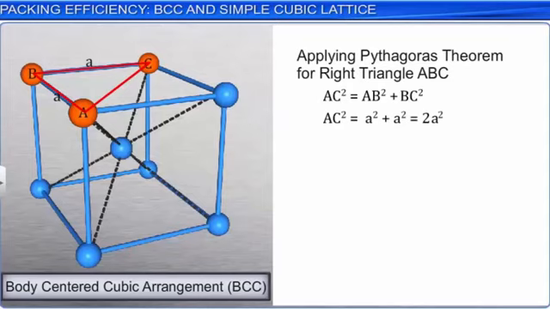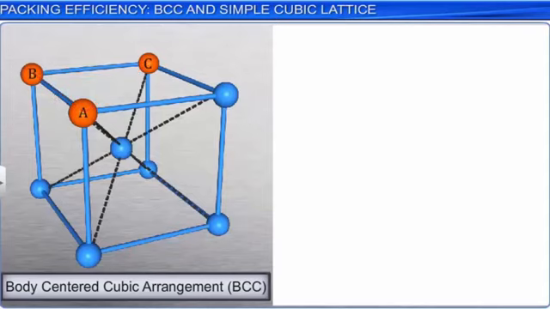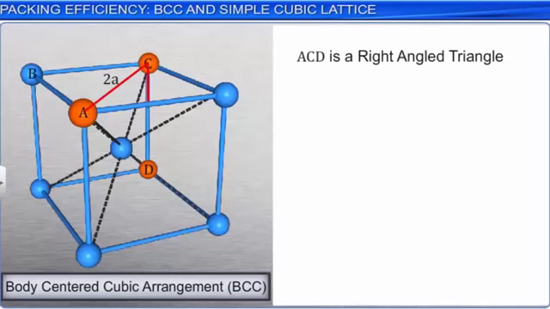On the other hand, points A, C and D lying on the unit cell form a right-angled triangle. Applying Pythagoras' theorem to these points, AD square is equal to AC square plus CD square. Hence, AD square is equal to 2a square plus a square, which is equal to 3a square.